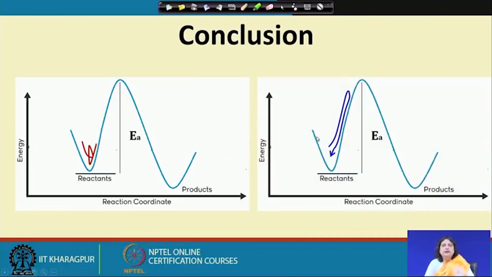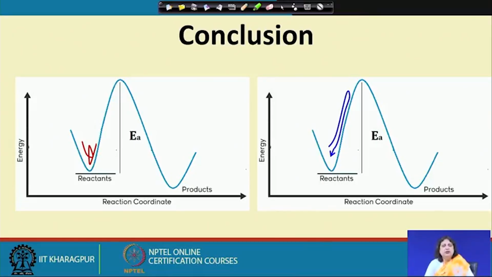The system having a high potential energy and scaling this barrier is a less probable process, because the probability of a system being found here is e to the power of minus beta E, and therefore, with increasing value of E, the probability decreases.